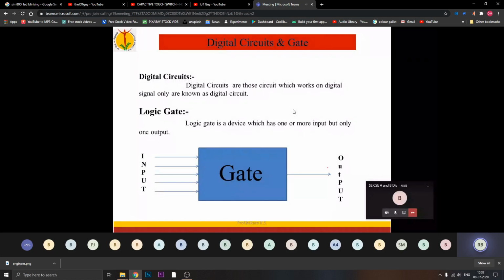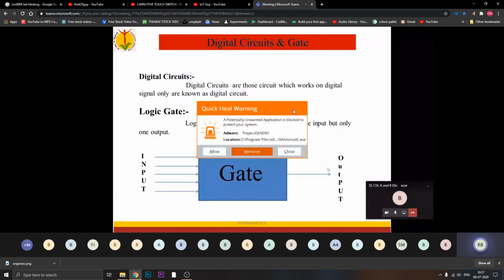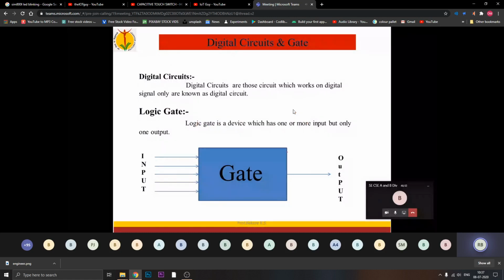Digital circuits are those circuits which work only on digital signals. Similarly, a digital system contains a number of digital circuits. That is nothing but a digital system.